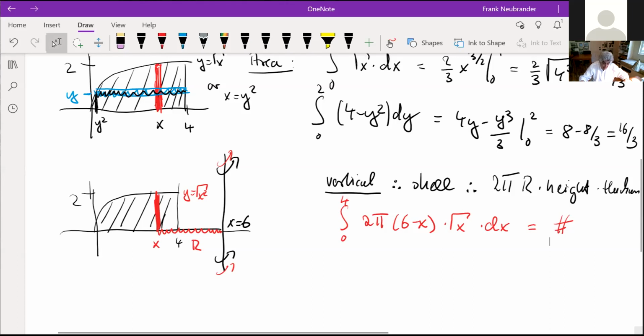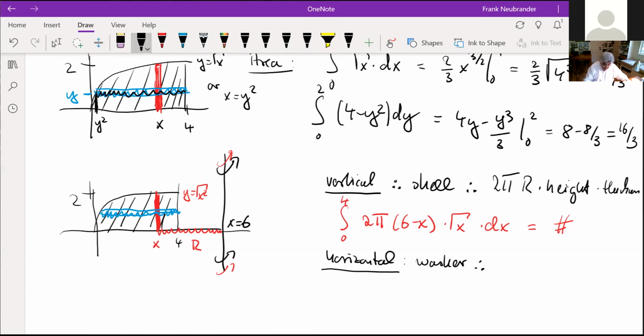Okay, now we do horizontal slice. In this case, if you rotate the blue rectangle about the line x equal to 6, you will get a washer.